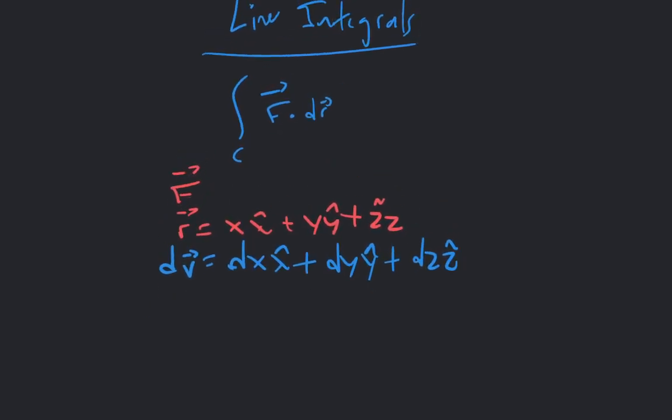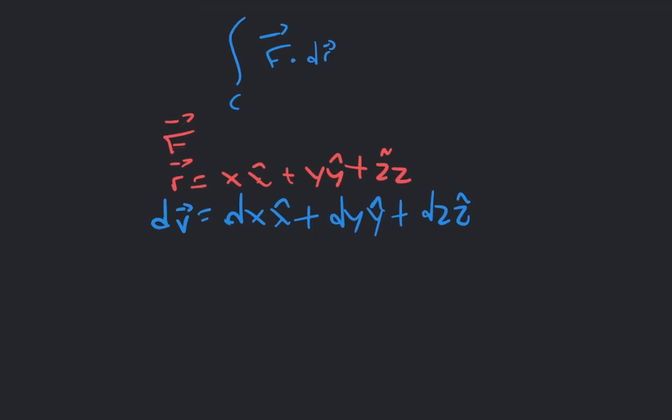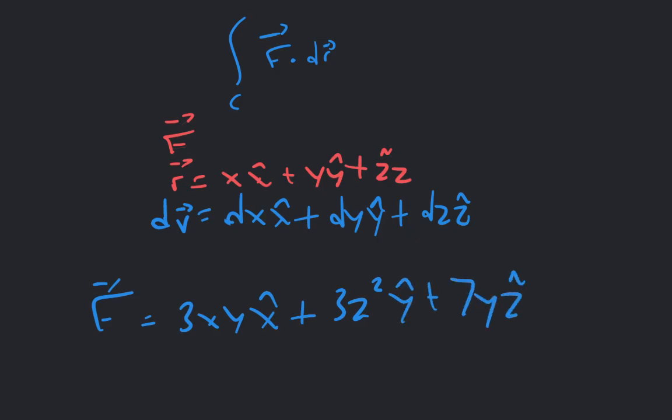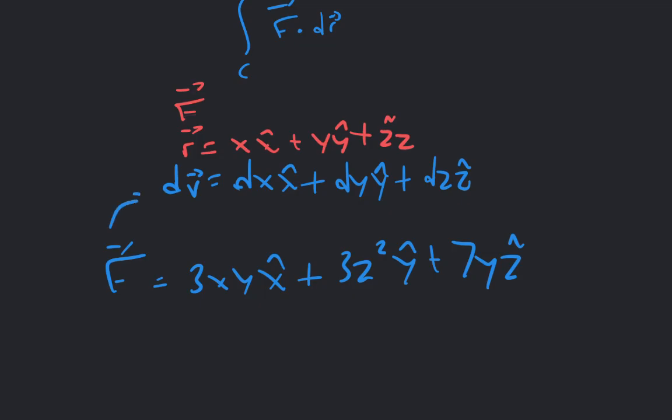This notation kind of simplifies things a little bit. So if we have our F, I had this example, 3xy x unit plus 3z squared y unit plus 7yz z unit, and dr is obviously that.